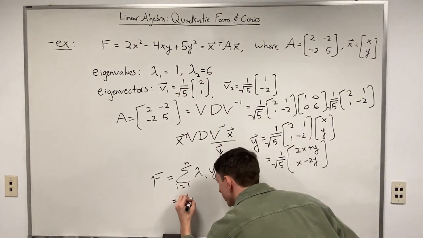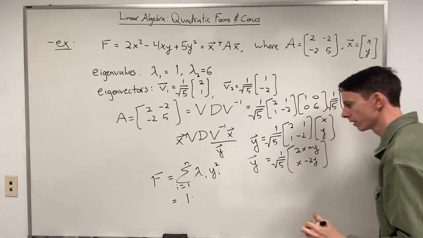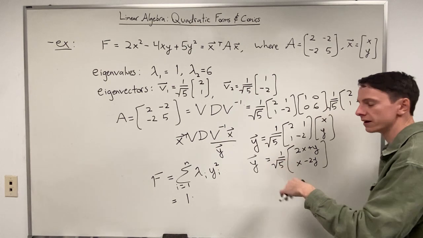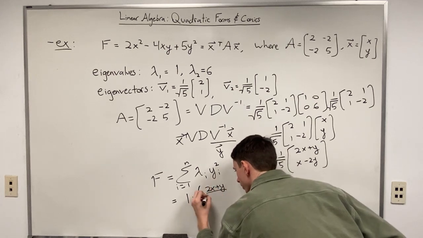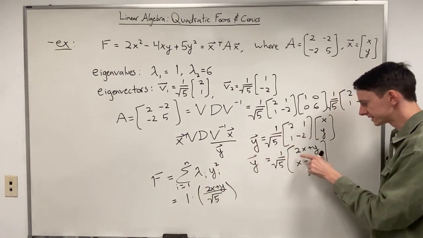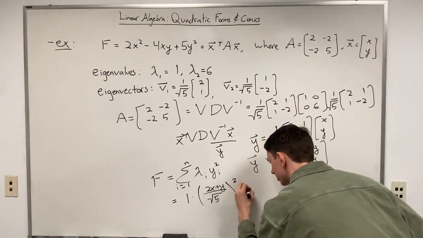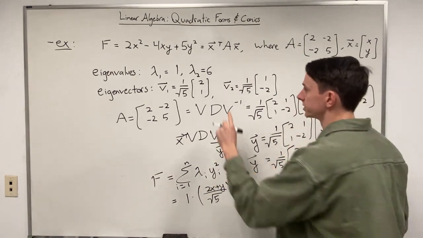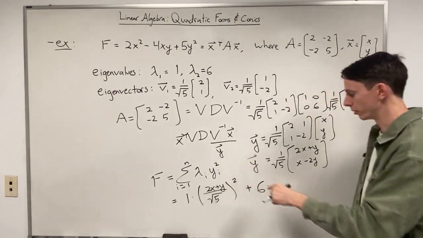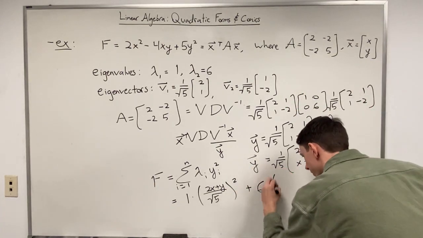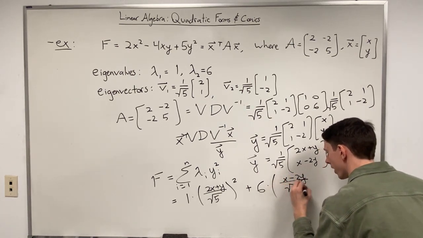So this is going to be 1 times the first component of y squared, so we're going to have 2x plus y over root 5. That's the top component of my vector y. I'm going to square that, plus lambda 2, which is 6, times the bottom component of this vector quantity squared, which is x minus 2y over root 5, quantity squared.